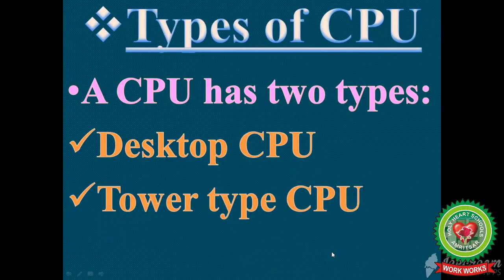Students, next we are going to discuss types of CPU. A CPU has 2 types. First one is desktop CPU. Second one is tower type CPU. Let us discuss one by one.